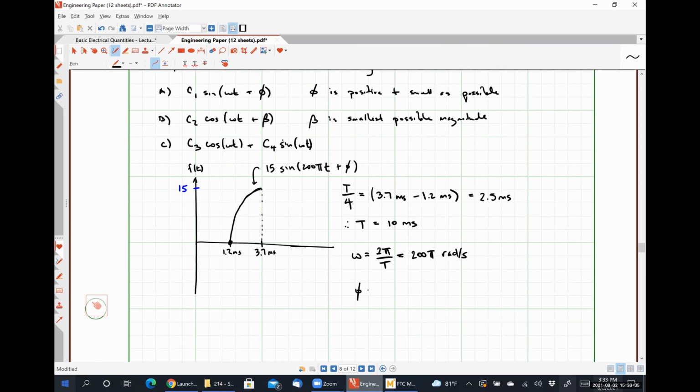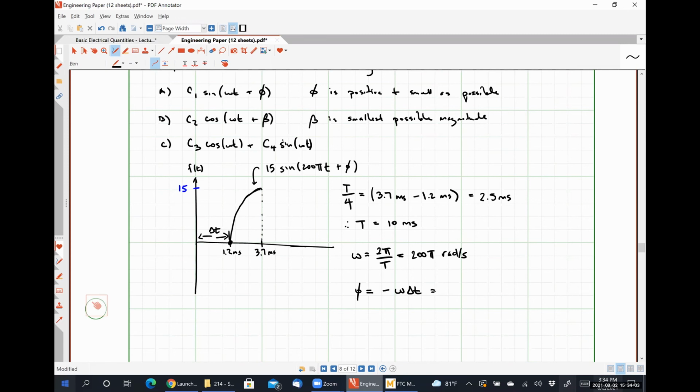So phi is going to be negative omega delta t. And what I'm considering delta t to be is this shift away from the origin.